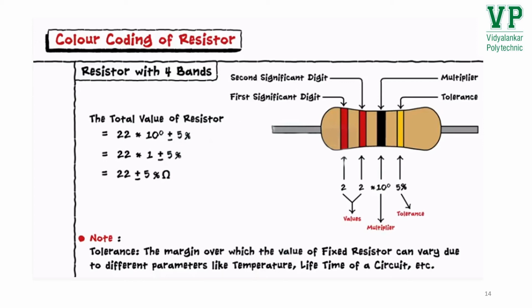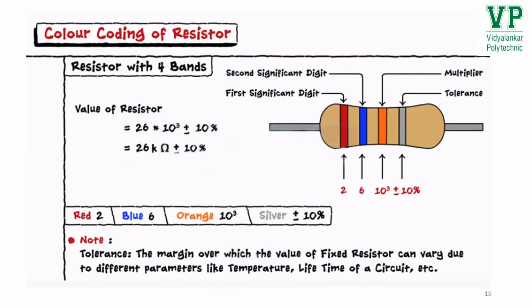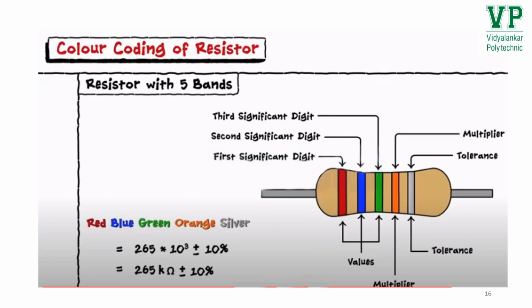Thus the total value of this resistance becomes 22 multiplied by 1 plus minus 5%, which is equal to 22 ohm plus minus 5%. Similarly, with resistance of red, blue, orange, silver, we calculate the value by the same procedure and get its value 26 kilo ohm plus minus 10% tolerance.